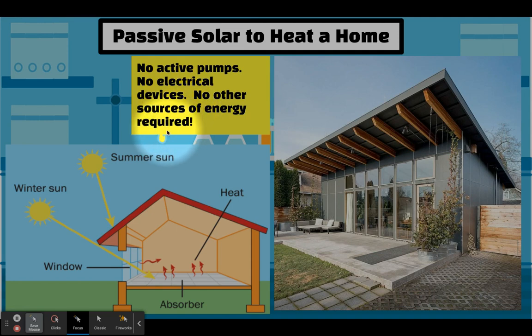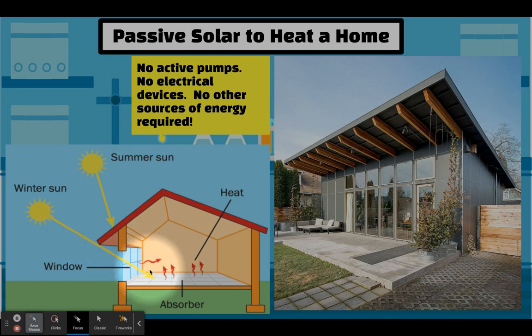So, in this kind of engineering, an engineer or an architect would come in and survey the location, study how the sun moves through the sky in different seasons, the positioning of it all. And then they would design a home or a building to let in as much sun as possible during winter months.